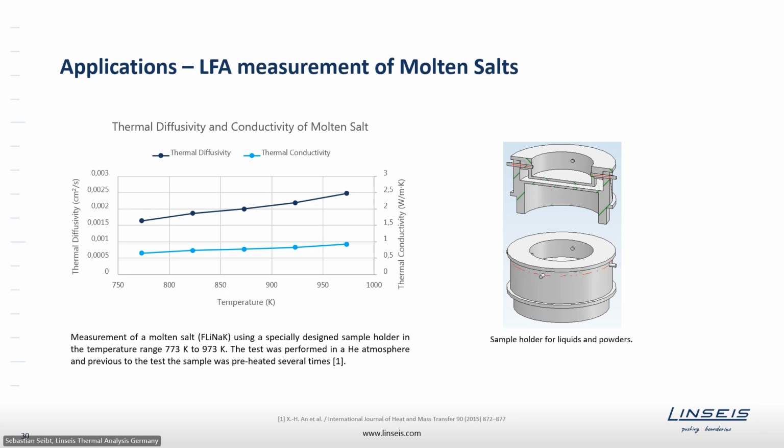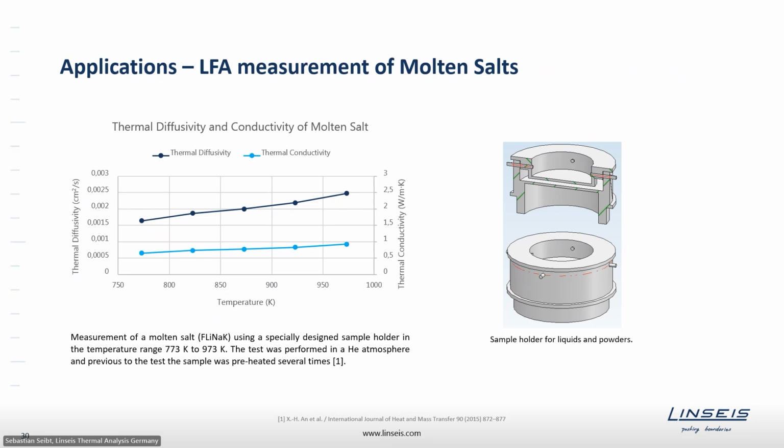At this temperature, it was kept for a couple of minutes. Then the sample was cooled down again, and this process was repeated a few times to remove all the air inside the material and to ensure that there is a good contact between the material and the sample holder, because the brought-in heat will be transported from the bottom to the top, and of course there should be a very good contact to have this heat conduction as best as possible.